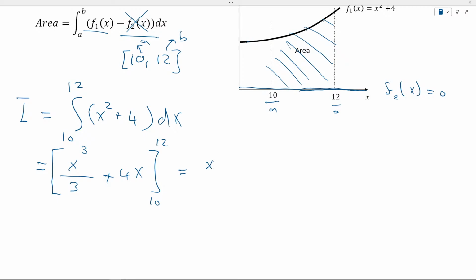What we will get here is x over 3 times (x squared plus 12), evaluated from 10 to 12. Do you agree? Did I do something correct? Yes, that's correct.